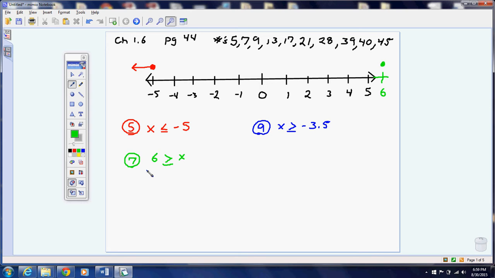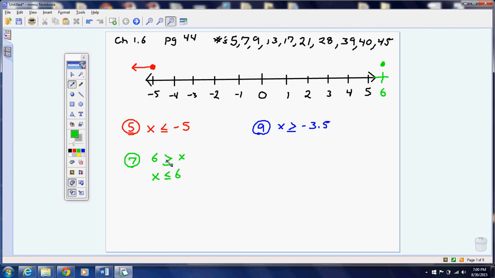We can put X on the left side if we want to, but remember we have to switch the symbol around if we move X to the other side. So this symbol still has to be pointing to X. So we'd have X is less than or equal to 6.